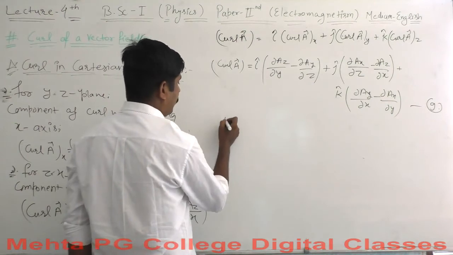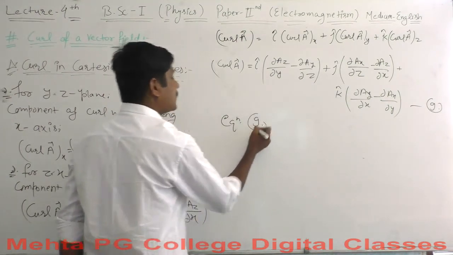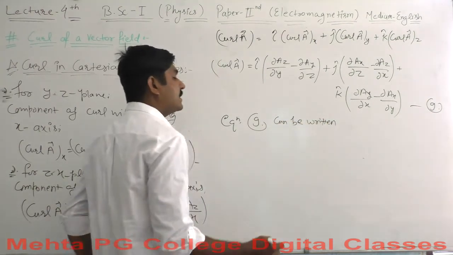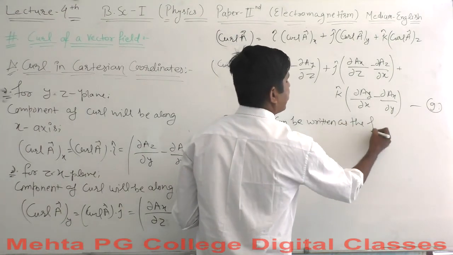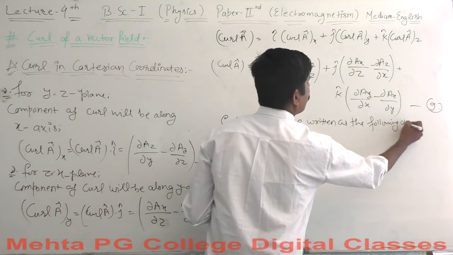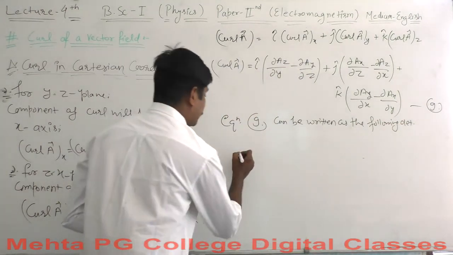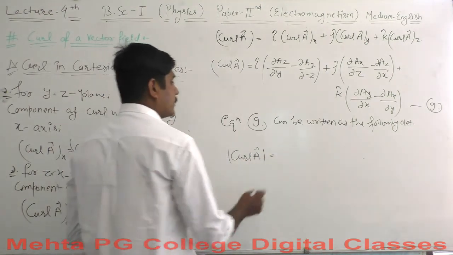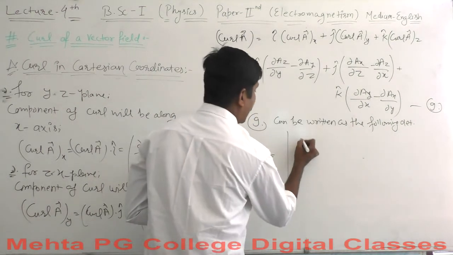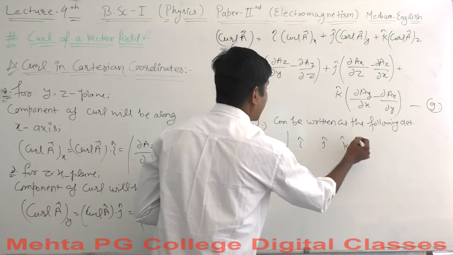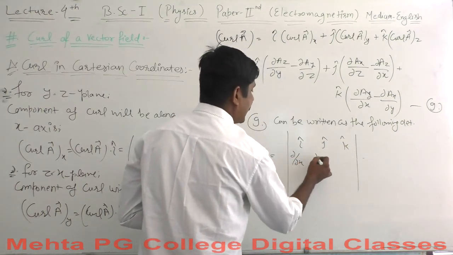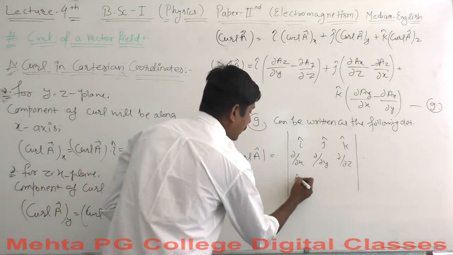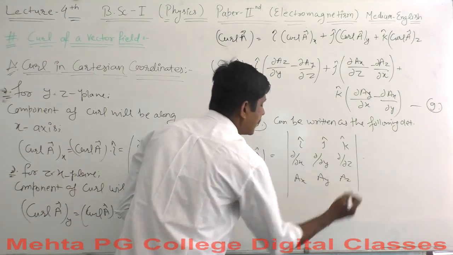We say equation 9 can be written as the following determinant: curl of vector A will be equal to the determinant of i cap, j cap, k cap, ∂/∂x, ∂/∂y, ∂/∂z, Ax, Ay, Az.